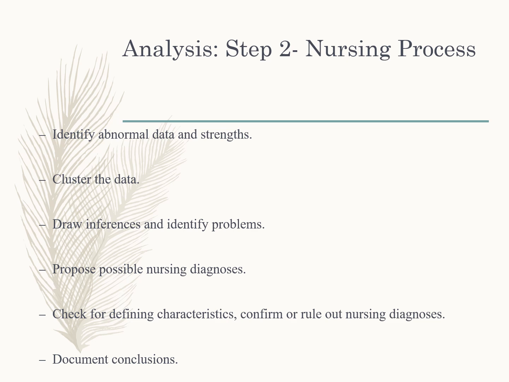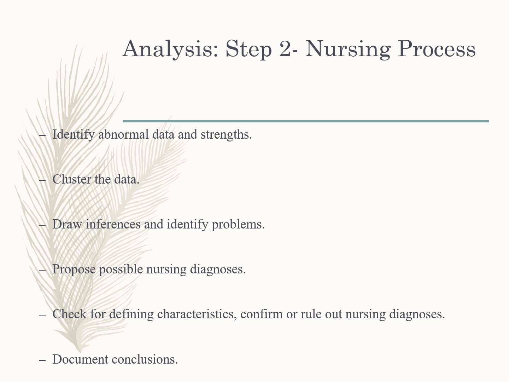Now, in the nursing process, step 2 is analysis. In order to perform an analysis, you have to be able to identify abnormal data and strengths. In order to complete this analysis, you have to be able to get this information from your assessment.